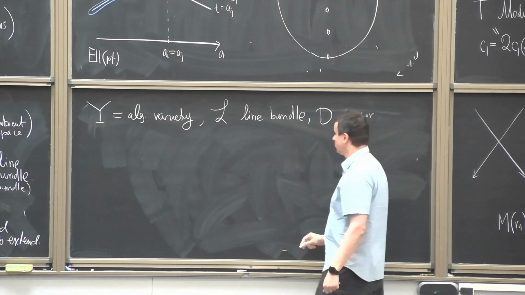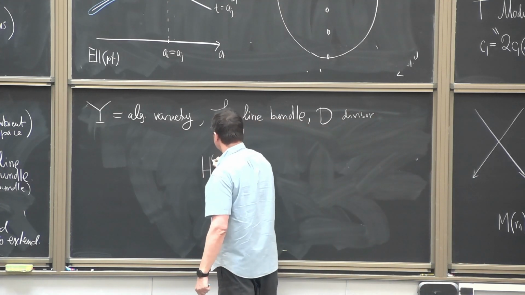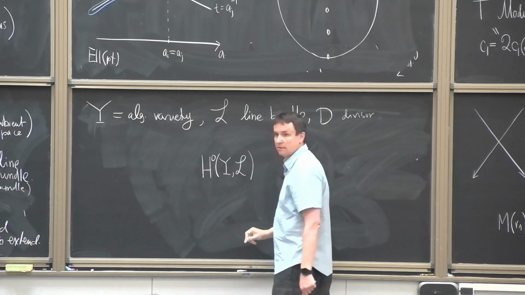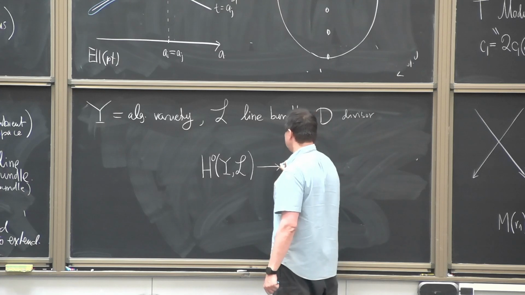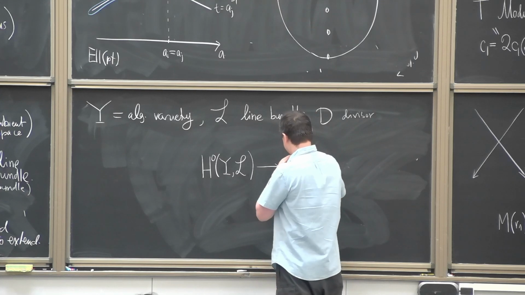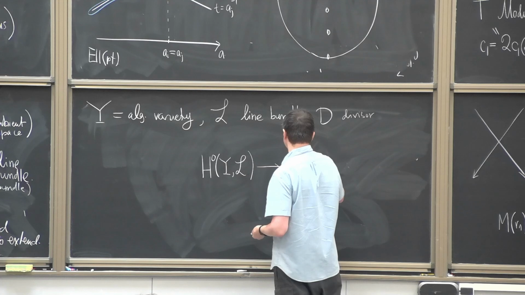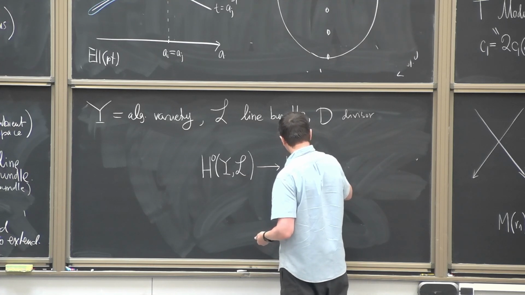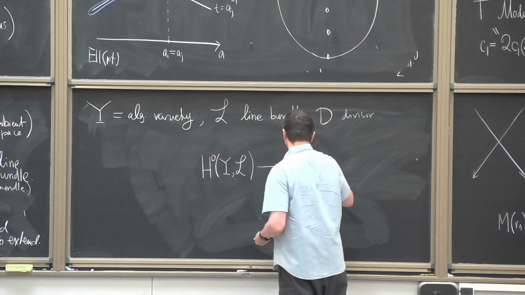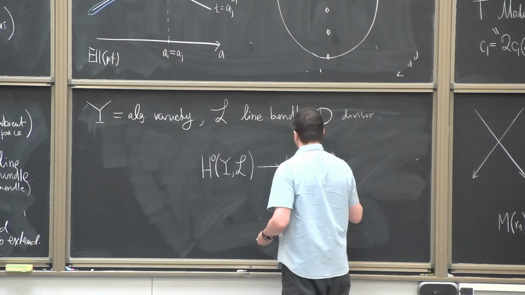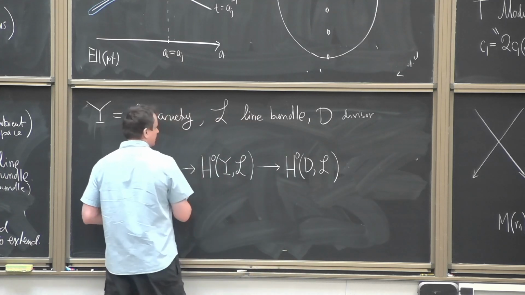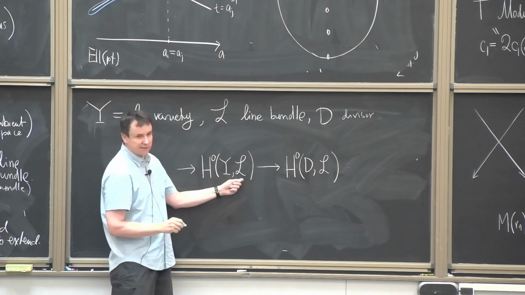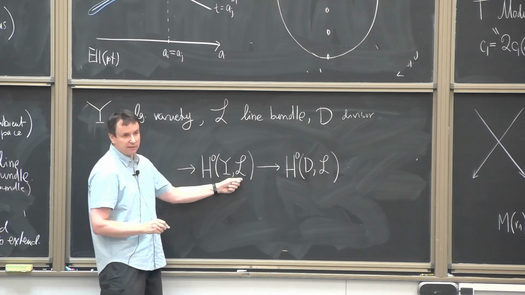So you look at sections on your Y of your line bundle L. You can restrict them to the divisor, to the divisor line bundle L. And what vanishes under this map are the sections of the line bundle that vanish on the divisor.